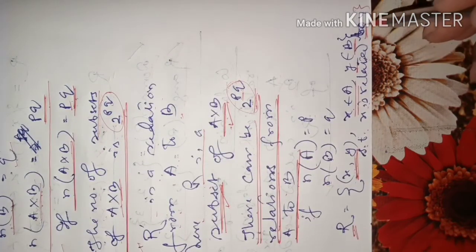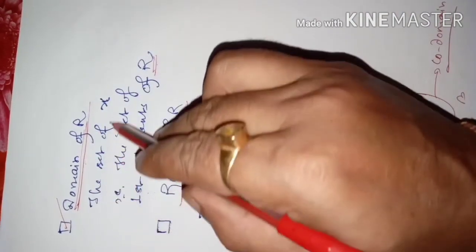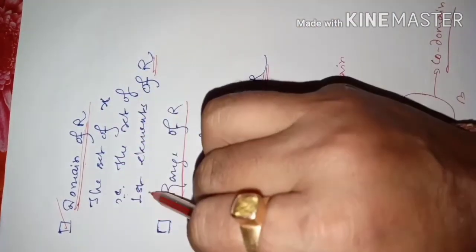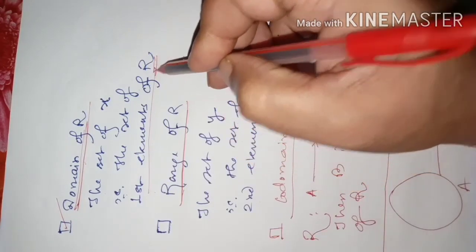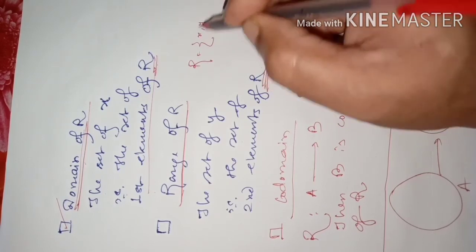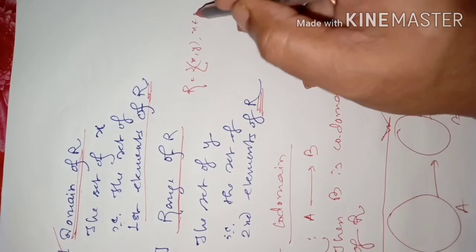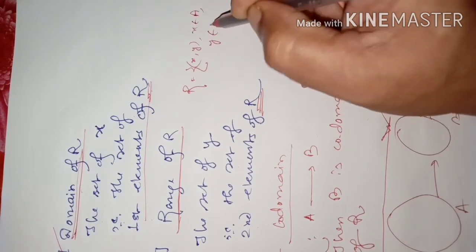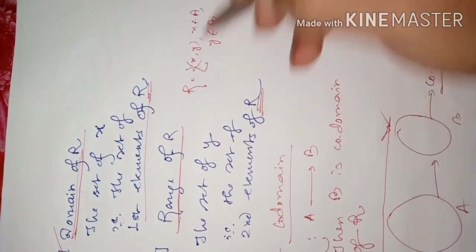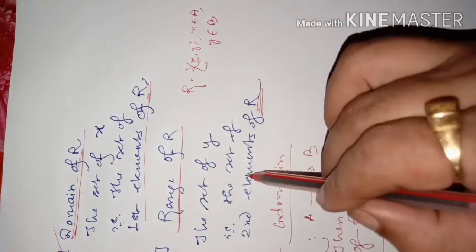The domain of R is the set of x, that is, the set of first elements of R. When we write R as ordered pairs (x, y), x belongs to A and y belongs to B. So the set of first elements x is the domain. The range is the set of second elements.